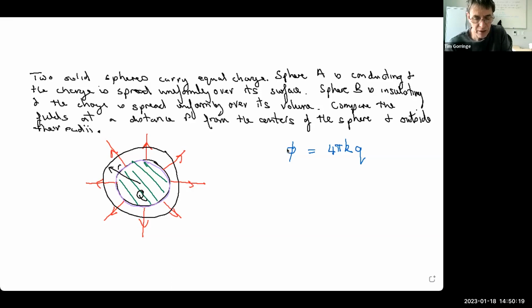The left-hand side is the electrical flux through the closed surface. So it's the net or the total flux through this spherical closed surface in black. And over here on the right-hand side is this constant 4 pi times the Coulomb constant times the charge located inside the closed surface. So it's the charge on the conducting or the insulating sphere, which is inside the closed surface.